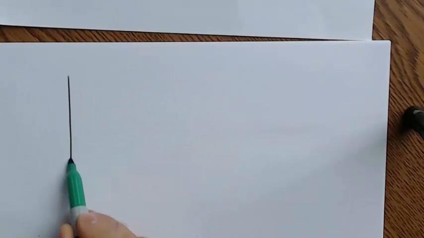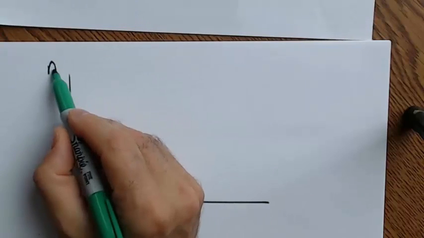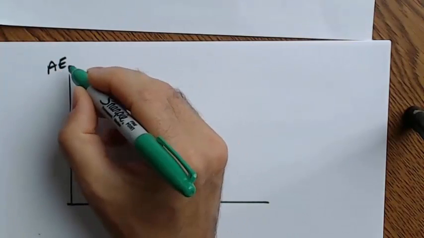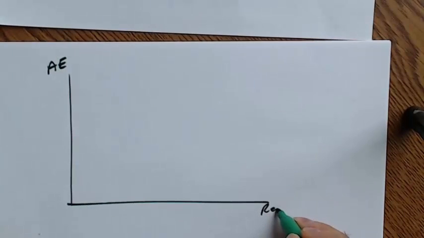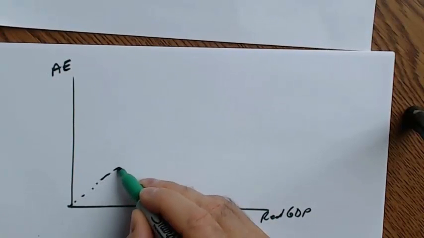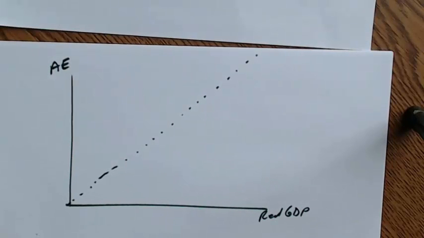And so the way I'm going to do it is part graphically and part mathematically. So here we have aggregate expenditures. Here we have real GDP. I'll put it in a dotted line so it's easy to see: we have our 45-degree line, the dotted line.